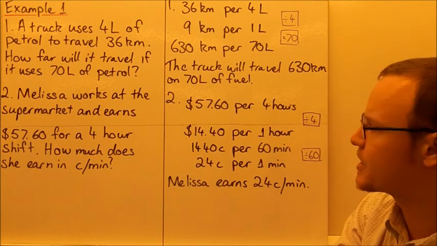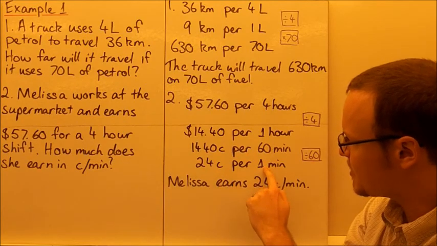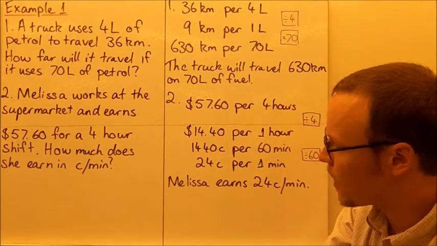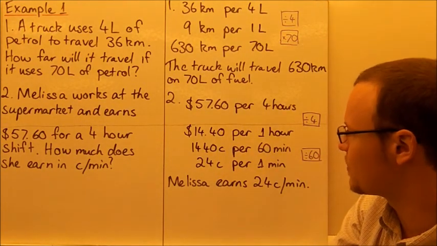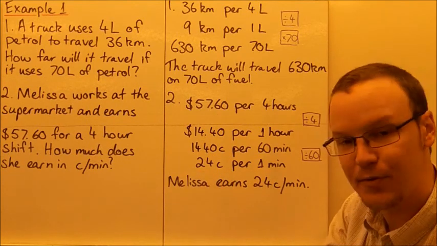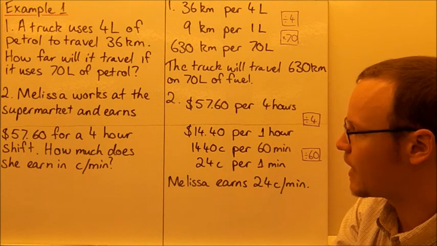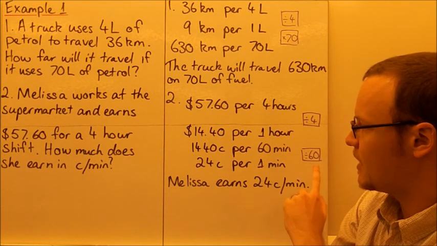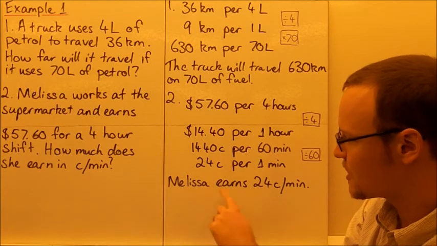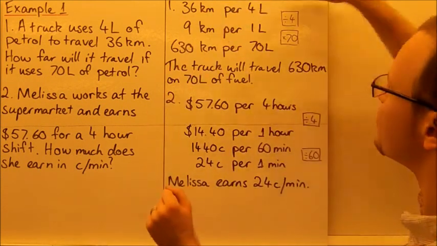We don't want per 60 minutes though, we want per 1 minute, so if we divide both of them by 60, 60 minutes divided by 60 will be per 1 minute, and the 1,440 cents divided by 60 will be the number of cents she earns per minute. So 24 cents is what we get when we divide 60 into 1,440 cents. So that means Melissa earns 24 cents per minute, 24 cents every minute.